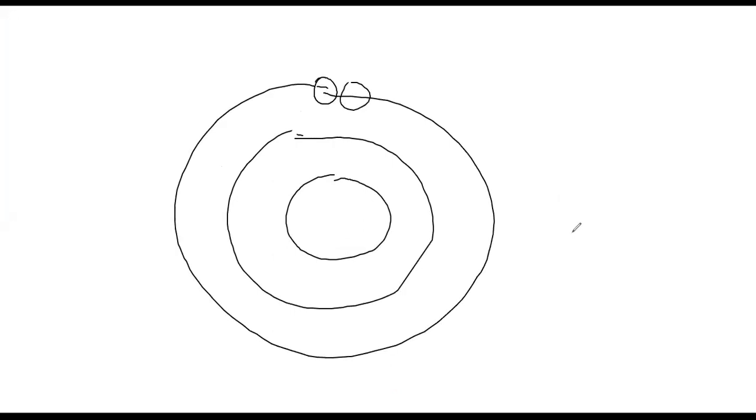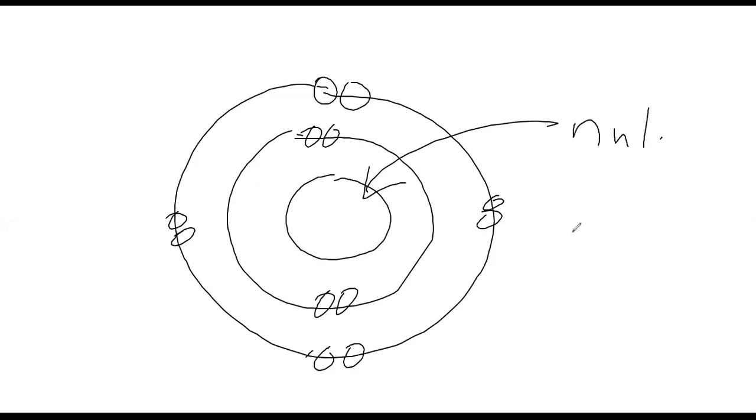So here are the electrons, and this is the nucleus. The nucleus is the center, and it consists of protons plus neutrons. And these are what you call the electrons.